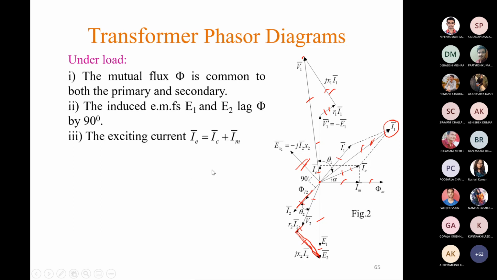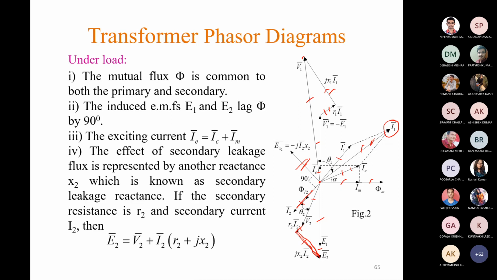Then exciting current IE equals IC plus IM. So draw IE leading phi m by an angle of alpha, and then resolve this IE into two components, one along phi, another along V1 dash, that means in quadrature with phi m. So the component IM is in phase with phi m and component IC is in quadrature with phi m.